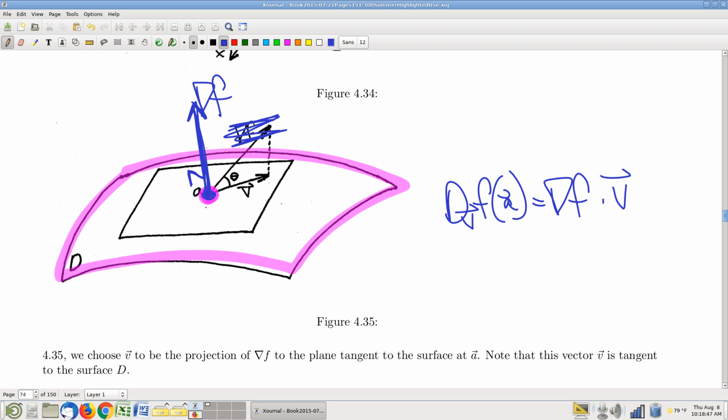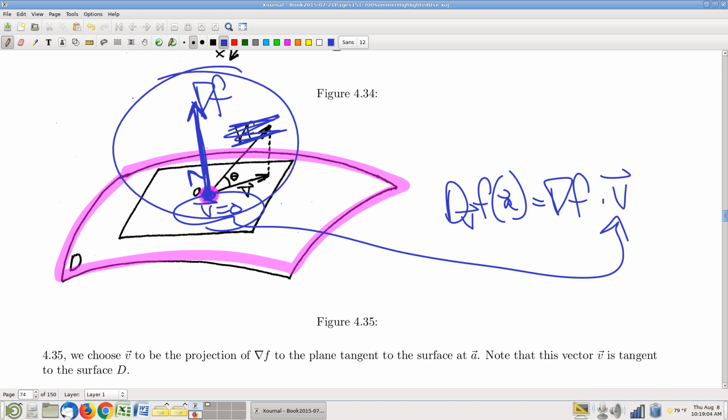My v would be 0. I would be plugging in 0 into there, and I would not get that the function is increasing. I would get a derivative of 0, and that doesn't tell me anything. So the gradient of f being perpendicular to the surface, that's the other main way that the argument crashes and burns. So we just pretty much have to watch out for those two things.